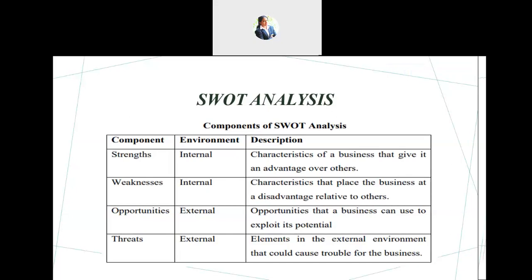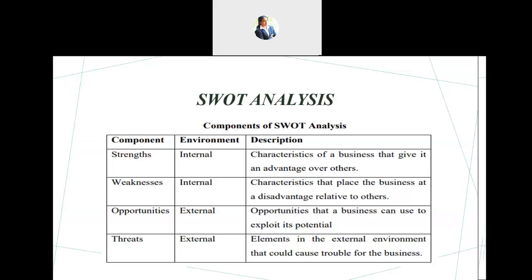For example, superior research facilities may be a strength for a business firm. These facilities can be used for developing innovative products at cheaper cost, and strengths exist in the internal environment.